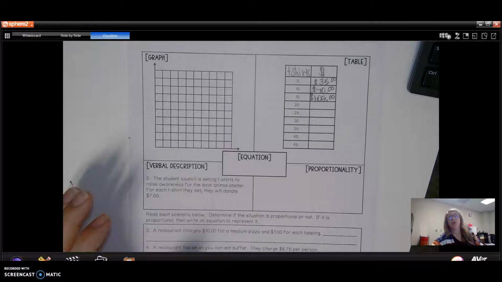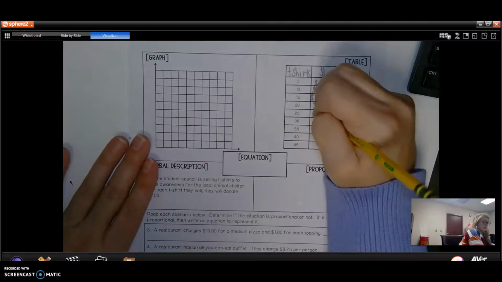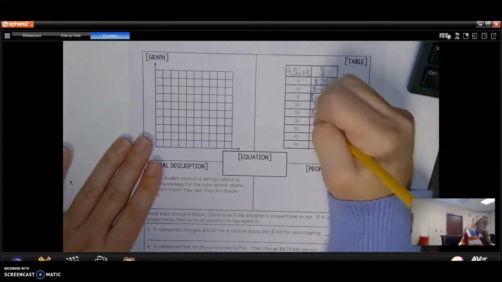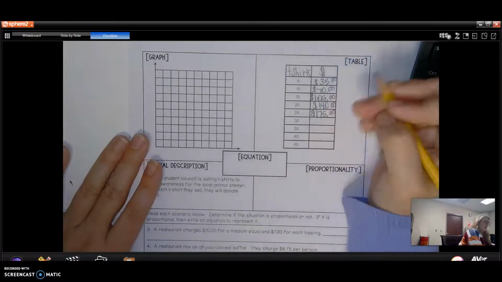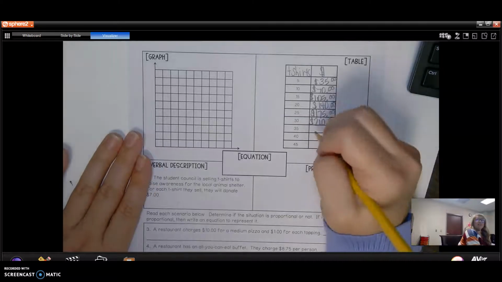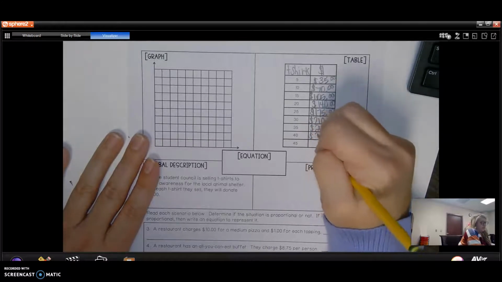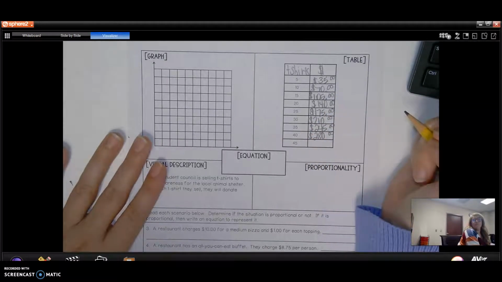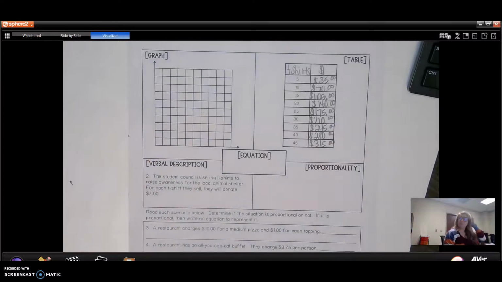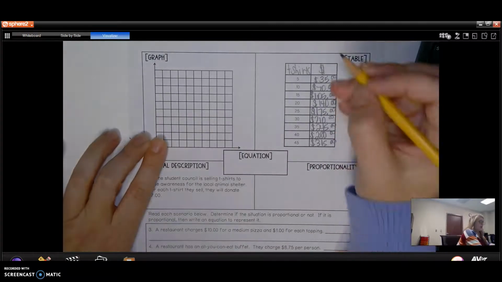These are your notes, but we are talking about money, so it might be helpful to include those decimals. 20 times $7 is $140. 25 times 7 is $175. 30 times 7 is $210. 35 times 7 is $245. 40 times 7 is $280. And 45 times 7 is $315.